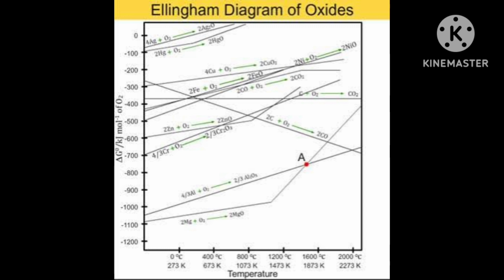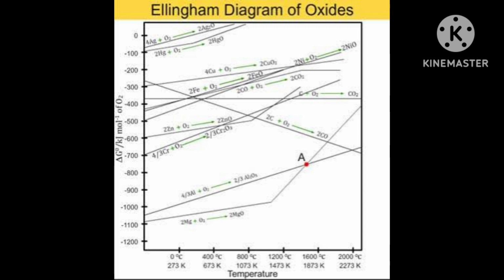If temperature increases, then the delta G value goes lower. The result is a positive slope in the curve for most of the reactions.